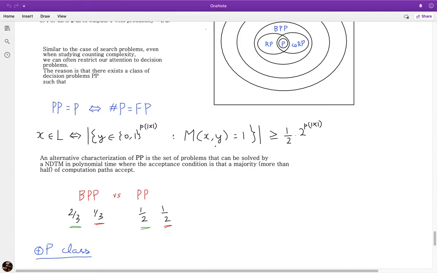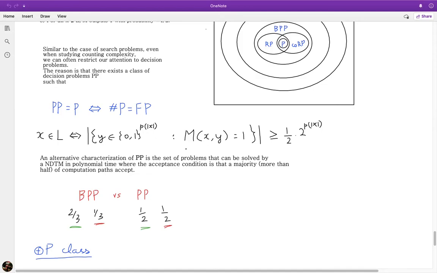If M is a probabilistic Turing machine, x is the input string and y is a path string, and if there is an accepting path, then we get a 1 here.